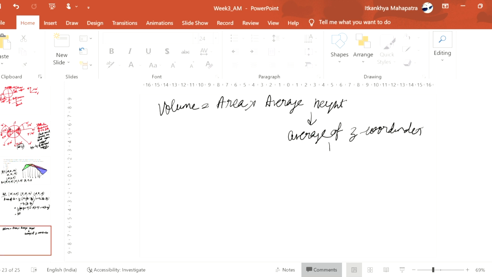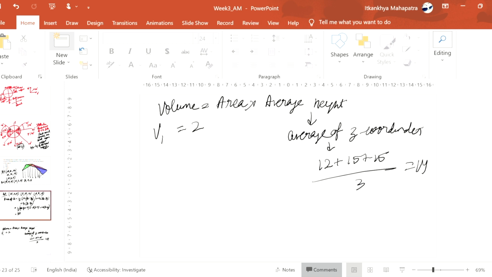This will be 12 plus 15 plus 15 by 3, which is equal to 14. Now volume of triangle 1 is equal to area, which we just got, 27, into average height 14. This will be 378.